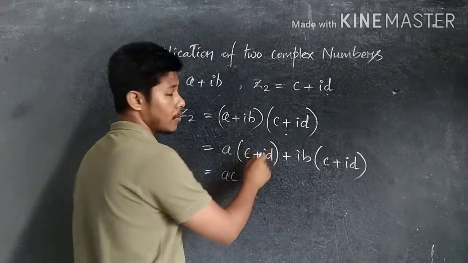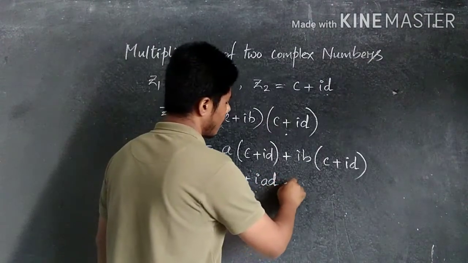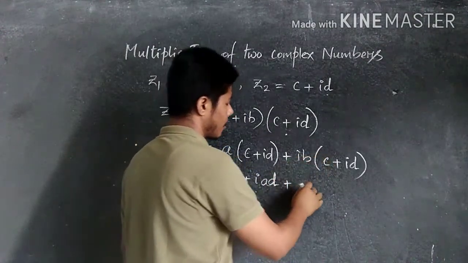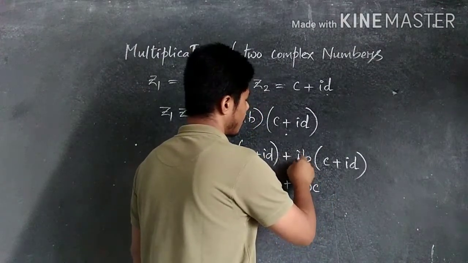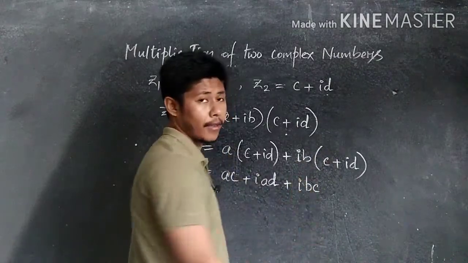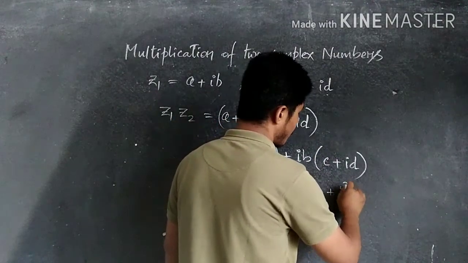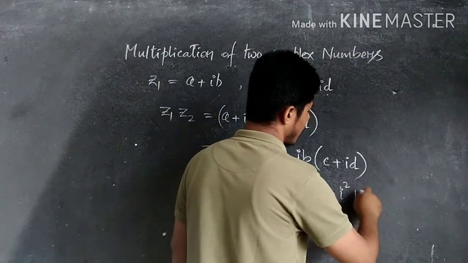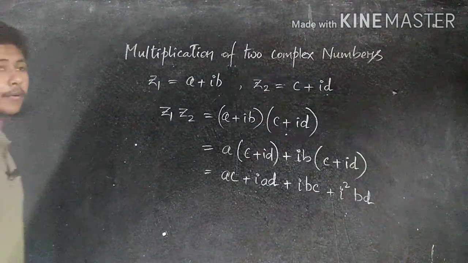Then a into id, that is iad. Similarly, ib into c, so we write ibc. And ib into id gives i squared bd. So if we multiply, we get this type of result.